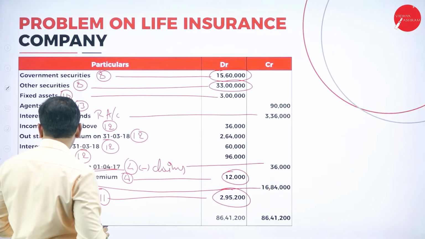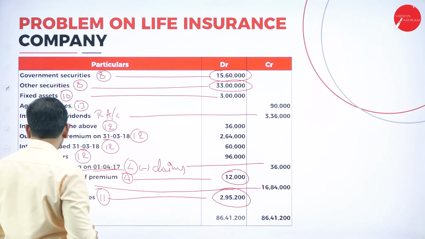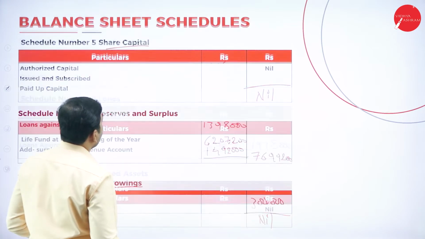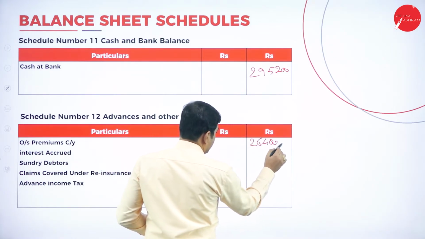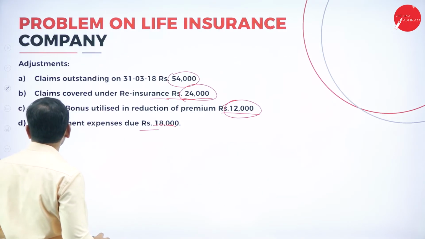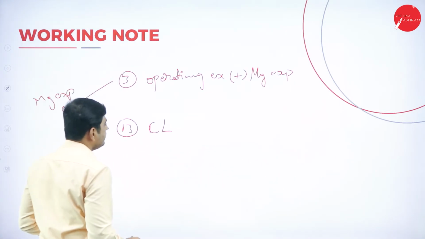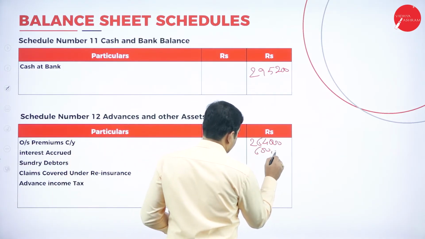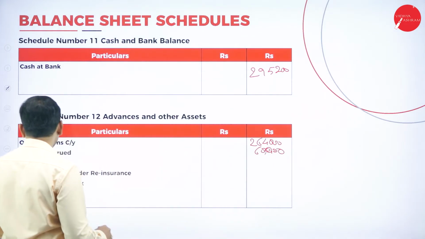Let's go to the trial balance. Premium outstanding for the current year is 2,64,000. Next one, coming to the interest accrued, which is 60,000. Next item is sundry debtors.